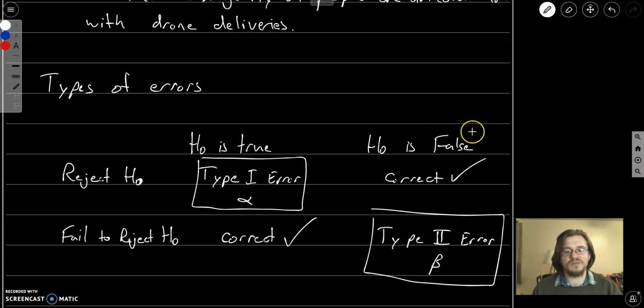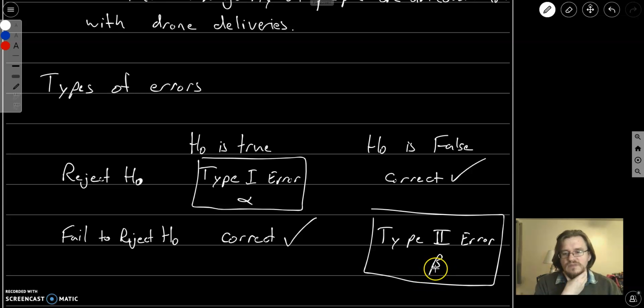However, it could be that the null hypothesis was false, but we couldn't say so. Maybe the null hypothesis is false, but we suspect that it's actually true. This is called a type 2 error, and the probability that we get a type 2 error is called beta. And this wasn't directly used in any of our calculations.